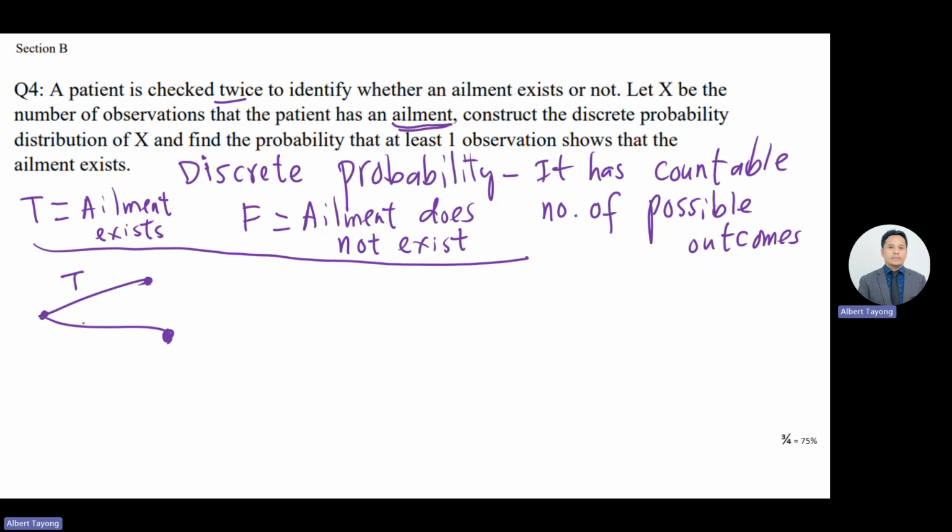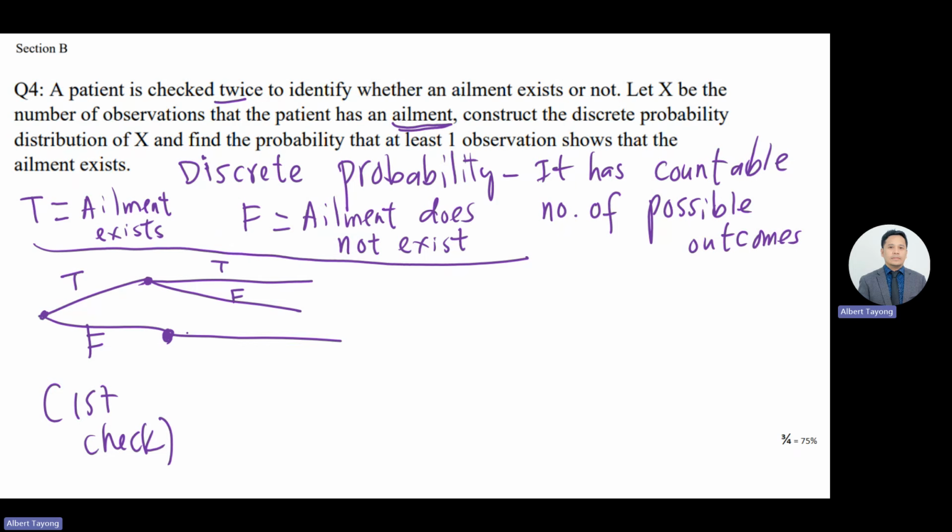So the first one could be true or false. This is during the first check. See, we are able to save space. If it was true during the first check, it could be true or false during the second. Here the same. If it was false in the first check, it could be true or false during the second check or checkup.